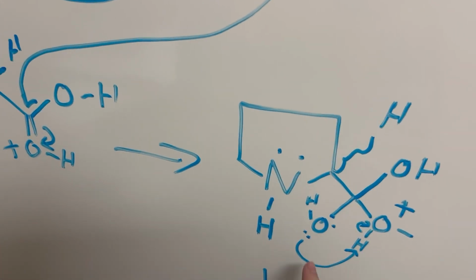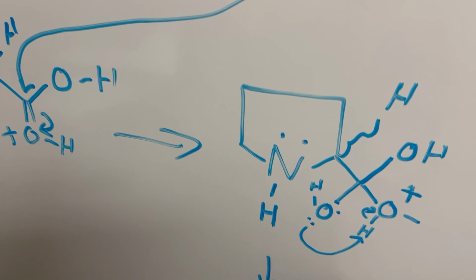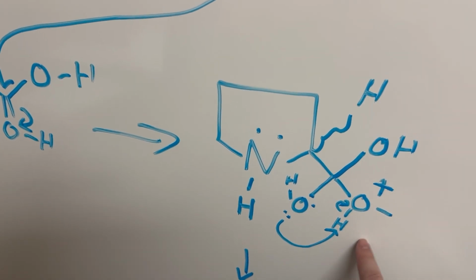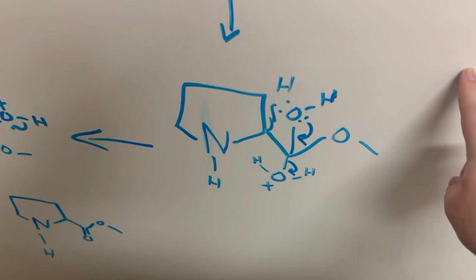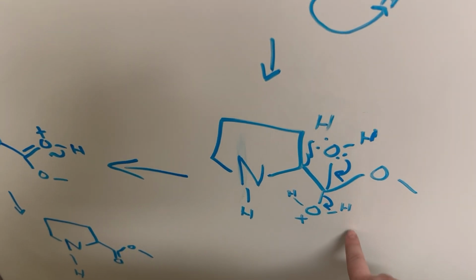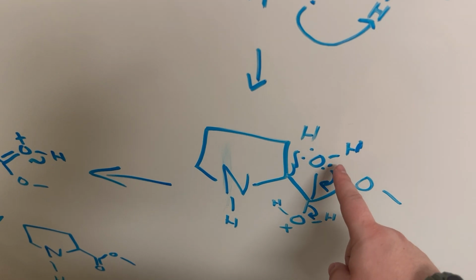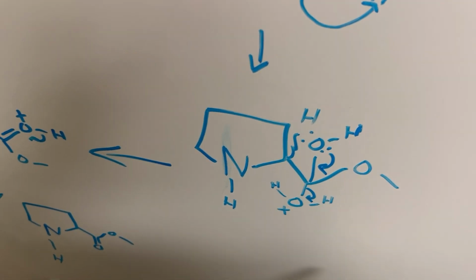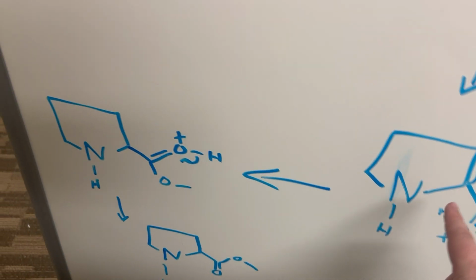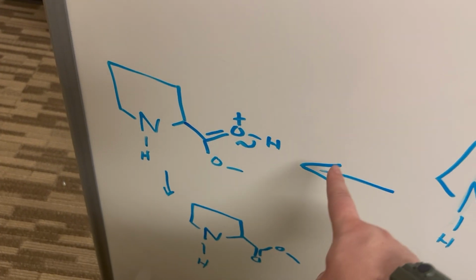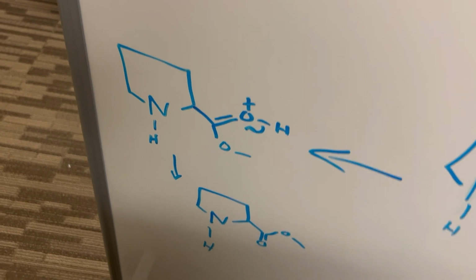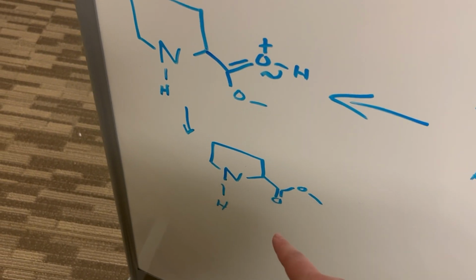One of these alcohol groups can pick up this acidic proton and make this alcohol neutral. When it does that, it makes water. To push it off, we have this carbonyl collapse back down to push off this water. And when we do that, we have this positively charged carbonyl.